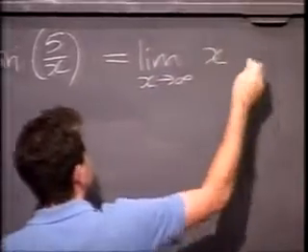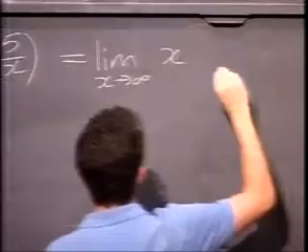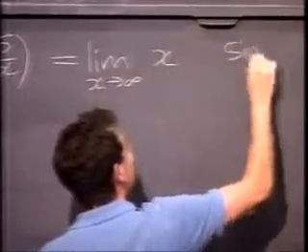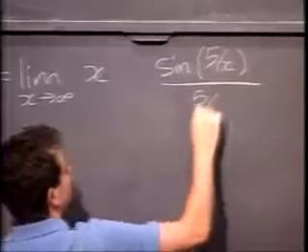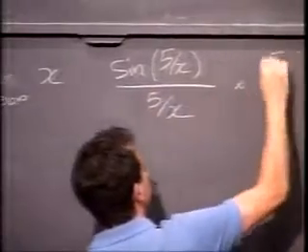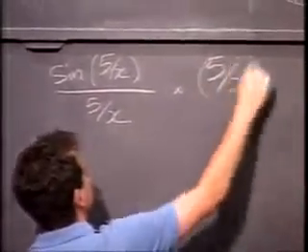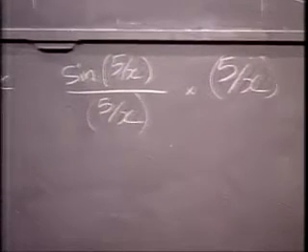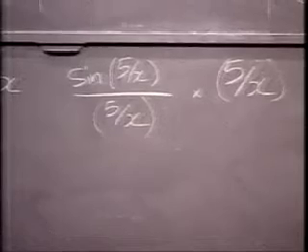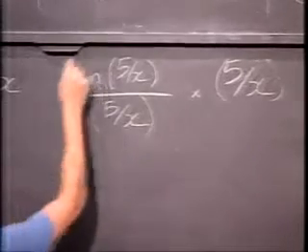Forget about the x. Just leave it there. It's not doing any harm. I take sine quantity 5 over x, I divide by 5 over x, and I multiply by 5 over x. Right, because it's sine small over small. Well, this goes to 1 as x goes to infinity.